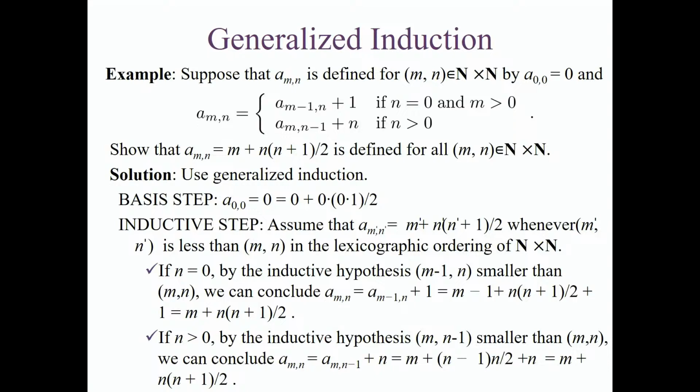Let's see, for this case, we have the ordered pair m and n. Then we can use these terms to define different terms using a(m,n).